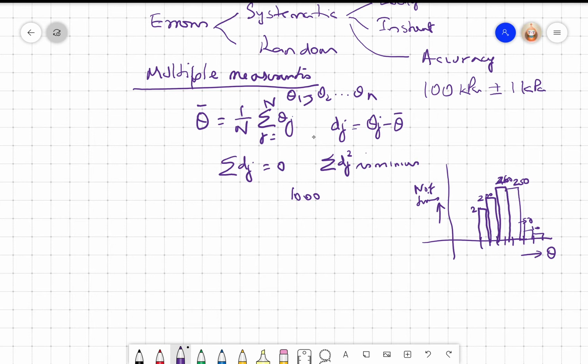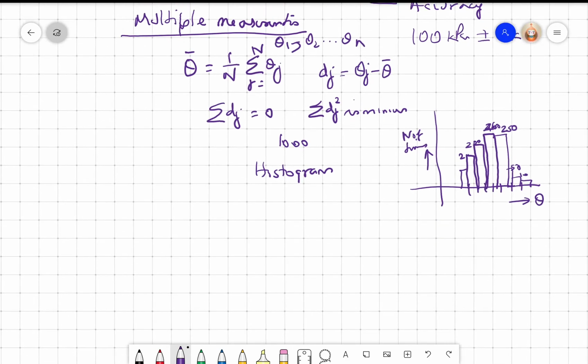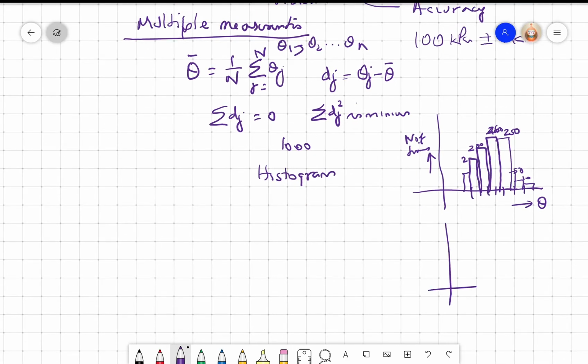This kind of plotting is simply called a histogram, right? We also saw that instead of putting the number of measurements, if I express the particular nj measurement as a fraction of the total, then I will get something like this.